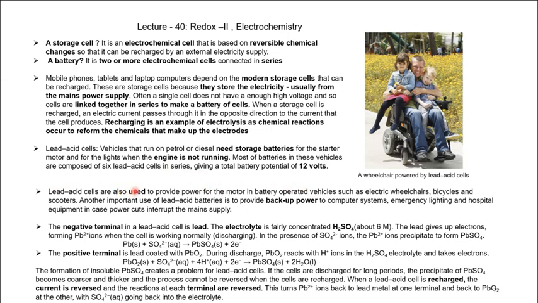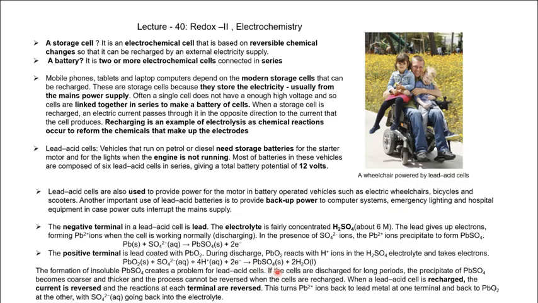Okay, how the lead acid cell is working, we showed here in the half reactions. The negative terminal will be this reaction and the positive terminal will be this reaction. That means lead plus sulfate ion gives lead sulfate plus 2 electrons, and then lead oxide, sulfate ion, and hydrogen ion, plus 2 electrons, give lead sulfate and so on. So one thing to remember is that lead ion and sulfate ion precipitate as a solid.